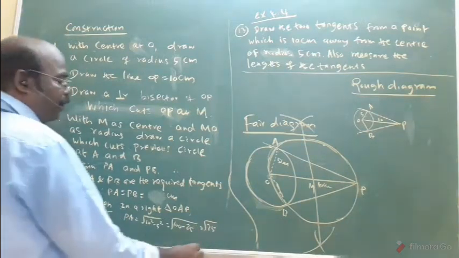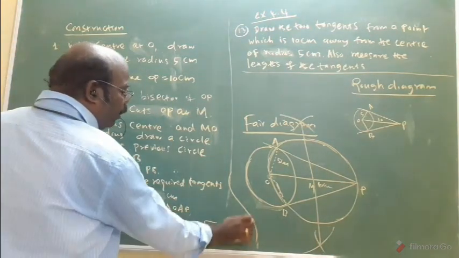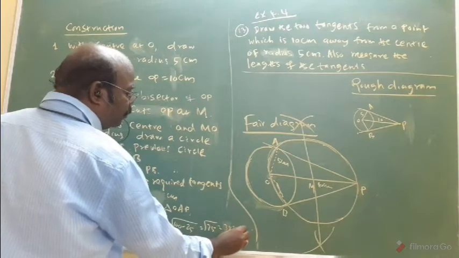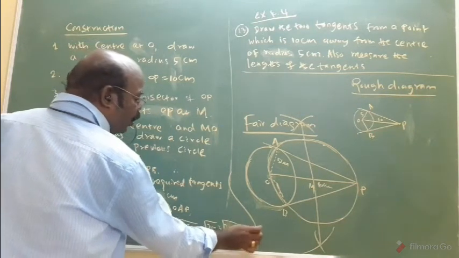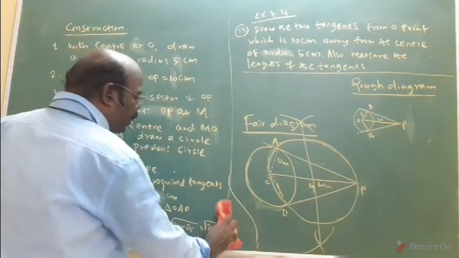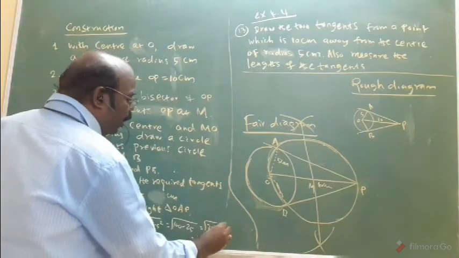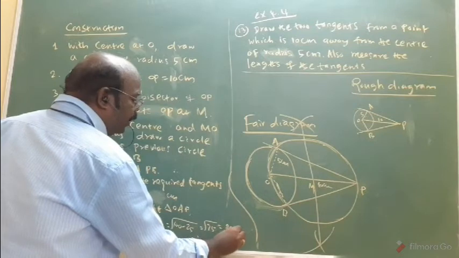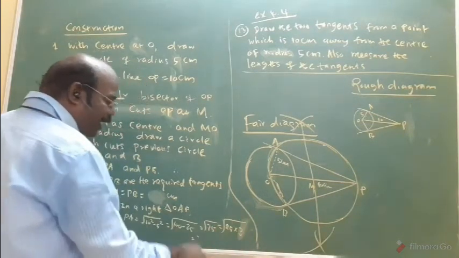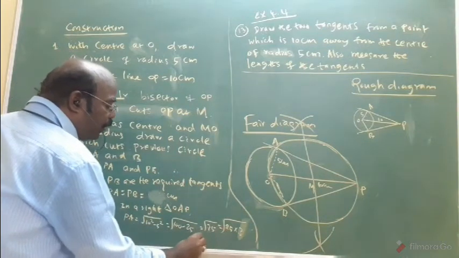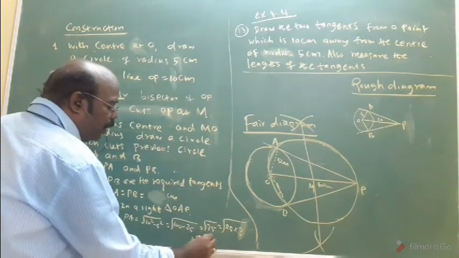The root of 75 can be written as root of 25 into 3. Am I correct? This is good. What is the reason? Root of 25 is 5. Root 3 only.